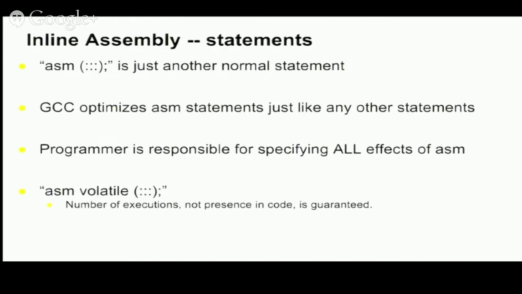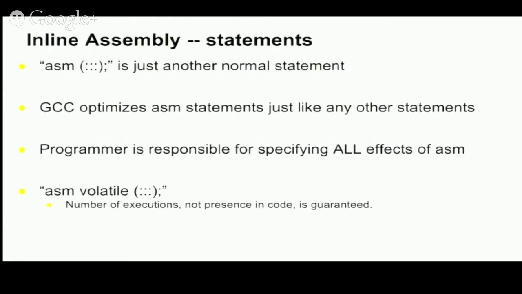Contrary to many other compilers, GCC and LLVM treat Asm as just another statement. This is not a reset point for the compiler at which the compiler forgets everything about memory aliasing, variables, and values in the registers. It does not. So for GCC and LLVM, inline assembly is just another statement.